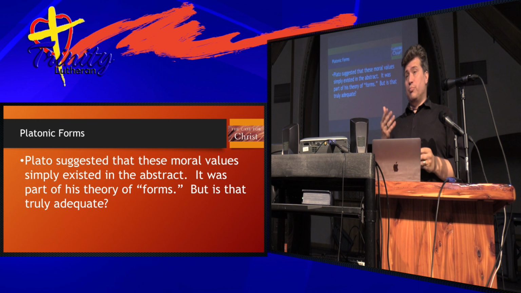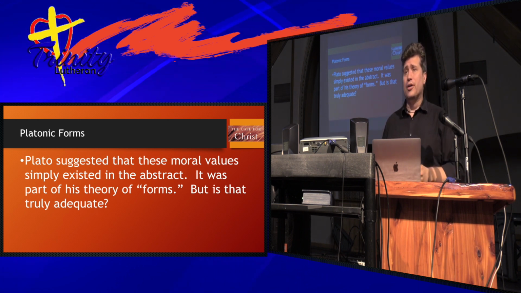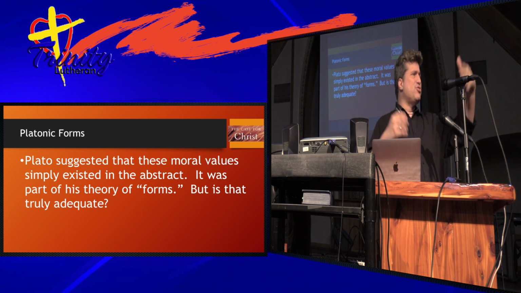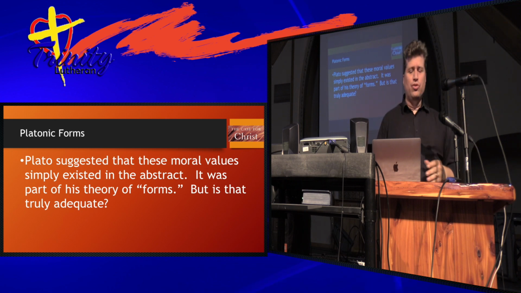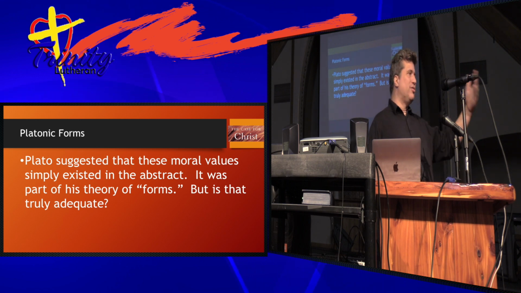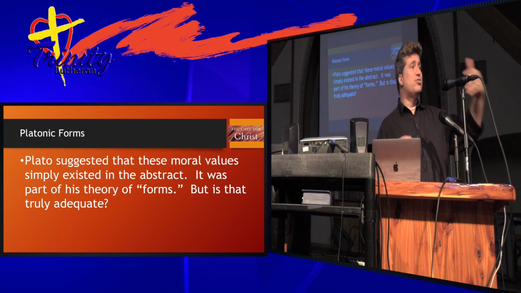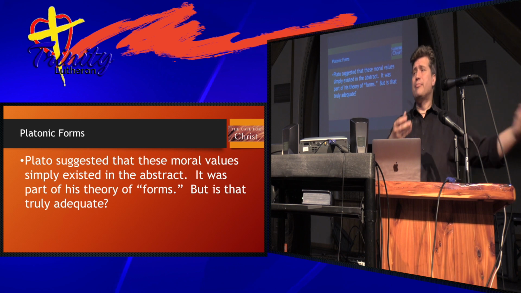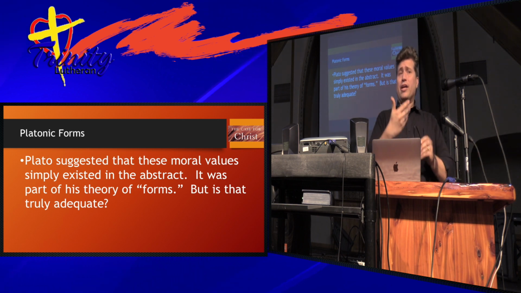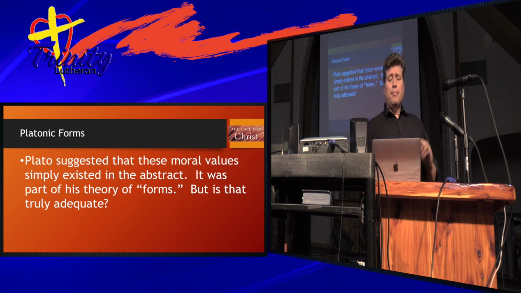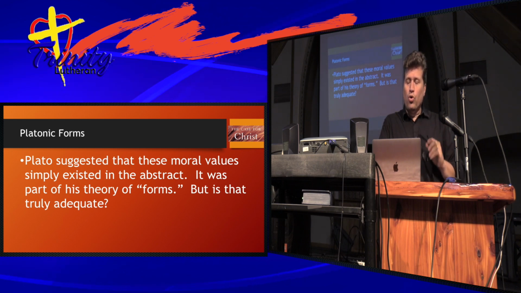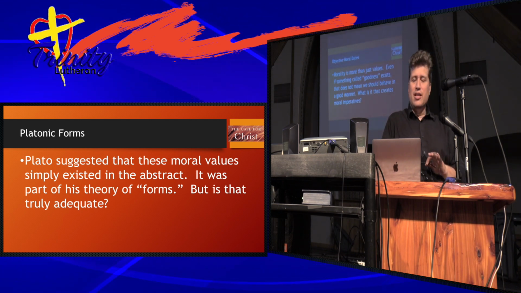It was part of his theory, what we now call the Platonic forms. It exists abstractly out in the universe, this concept of goodness. The problem is, number one, that's kind of a cop-out. I've shown you where character traits can be described in this way, and if there is a God with a character, that does provide us that foundation. But it also has more issues as far as existing in the abstract.